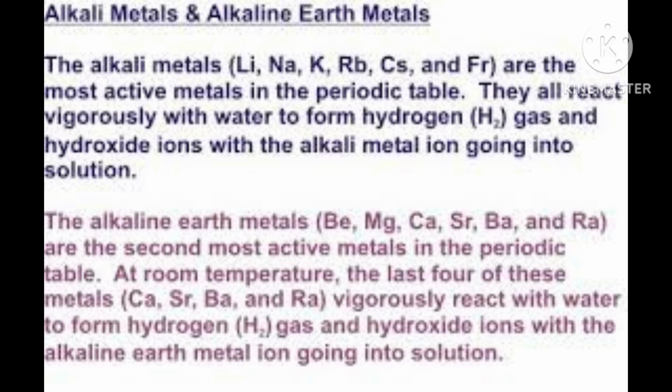Like that way, strontium, Sr, has atomic number 38, and in the last it will have 5s square, calcium 4s square, and strontium 5s square.